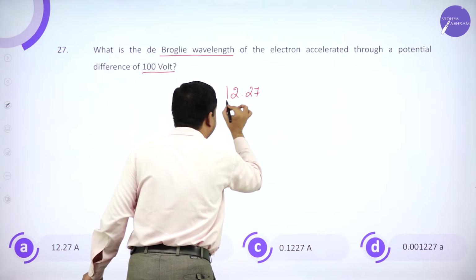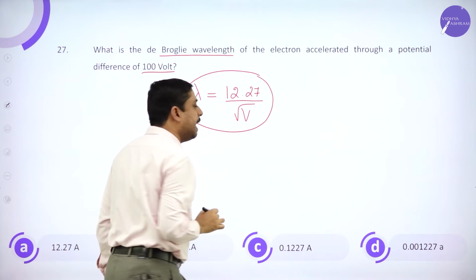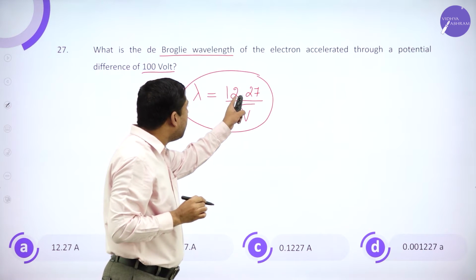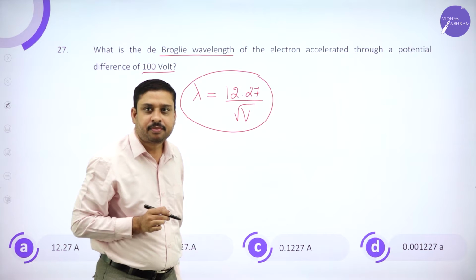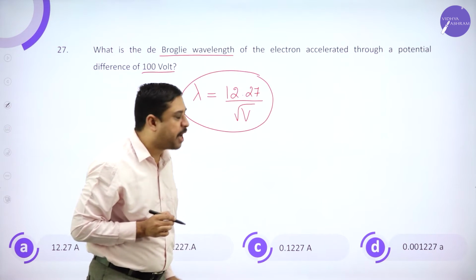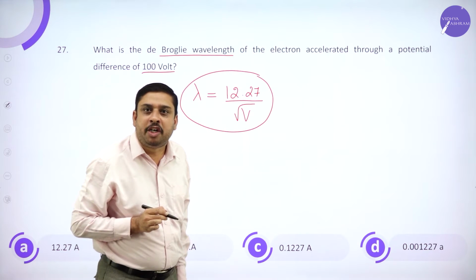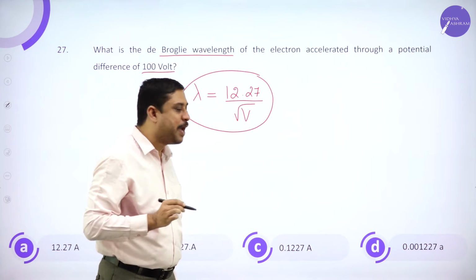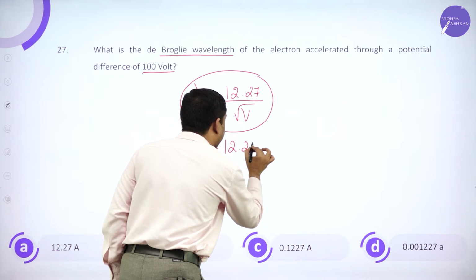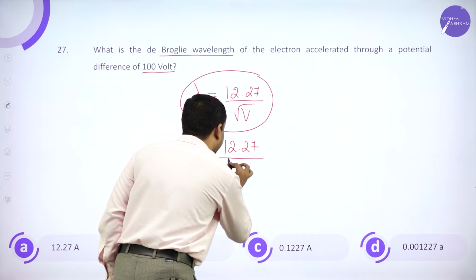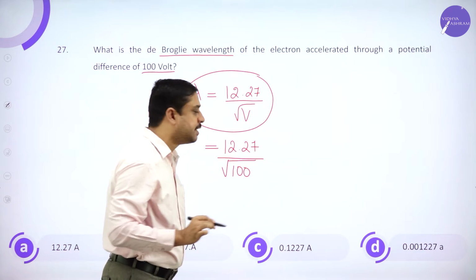Please know this. De Broglie wavelength lambda is 12.27 divided by root V. To express it in terms of potential, de Broglie wavelength is 12.27 divided by root V. So this is 12.27 by root of V, which is 100. The potential given is 100 volts.